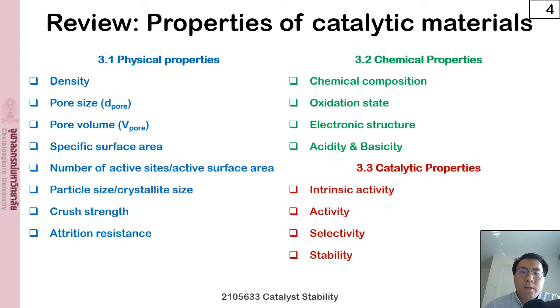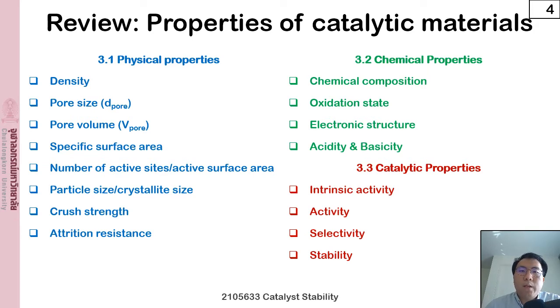As we know, the intrinsic activity counts only the activity per active site that you have in your catalyst, and the activity represents how well your catalyst can convert the reactants, but not considering how well your reactant goes to the main product.